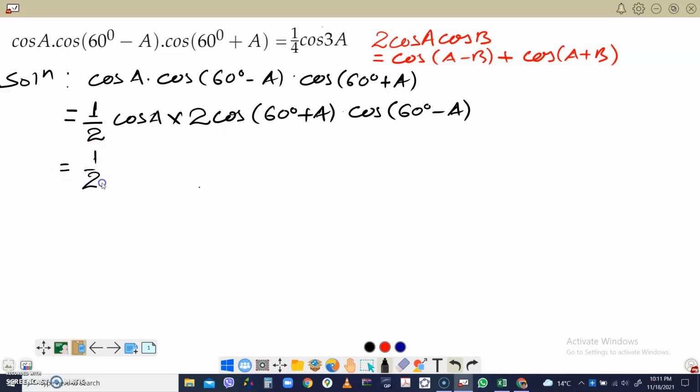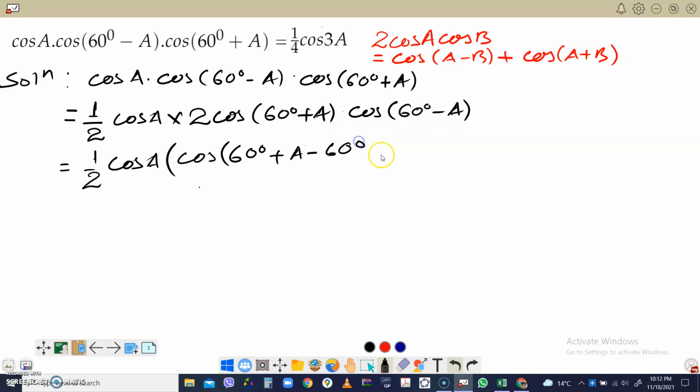So we'll get half cos A, bracket. Now 2 cos A cos B will give us cos(A − B). Our A is actually 60° + A, then minus B. When you subtract, there are two terms, so the sign of each of them is going to change.